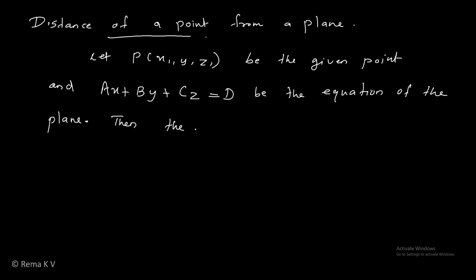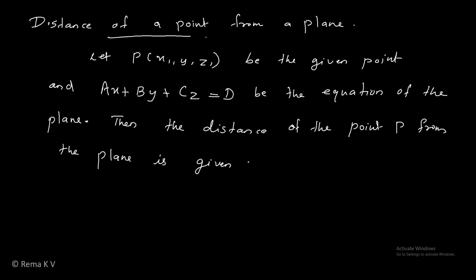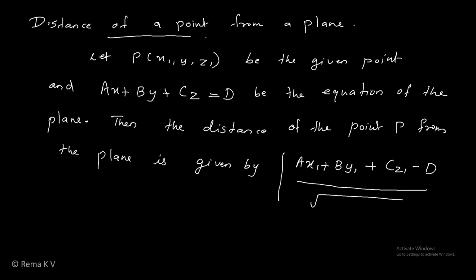Then the distance of the point P from the plane is given by modulus of ax1 plus by1 plus cz1 minus d divided by root of a square plus b square plus c square.